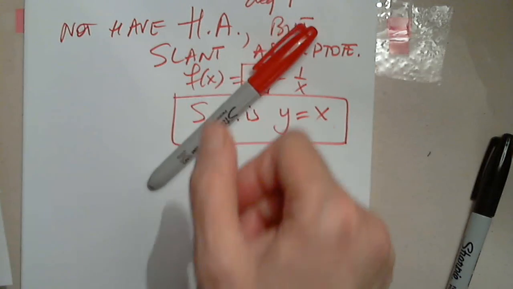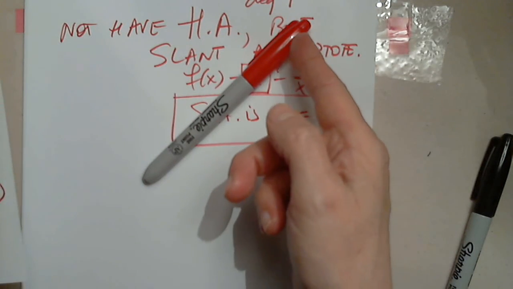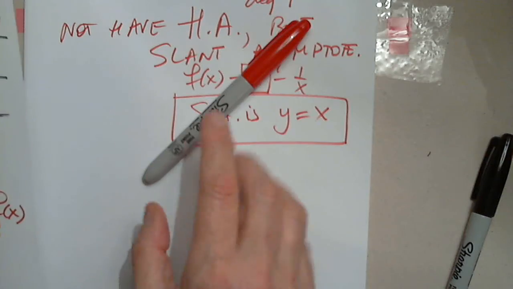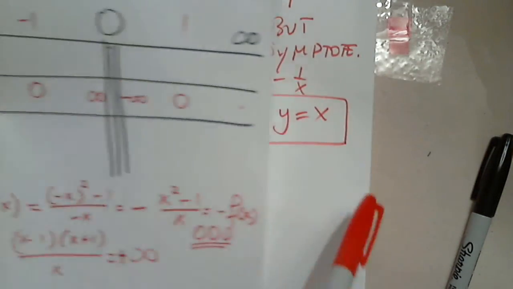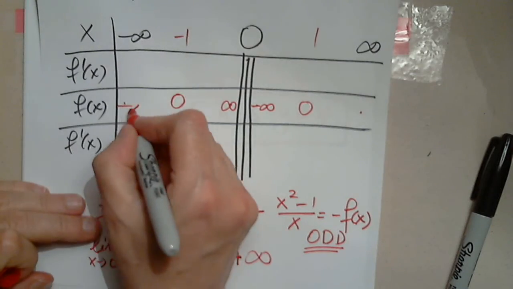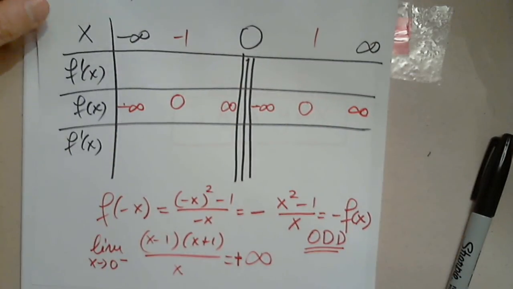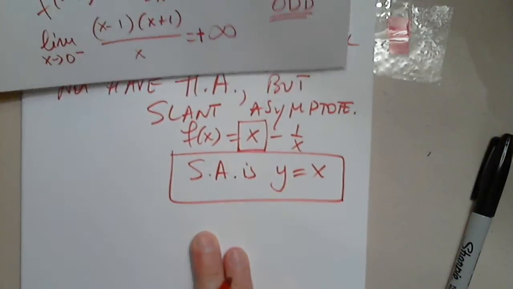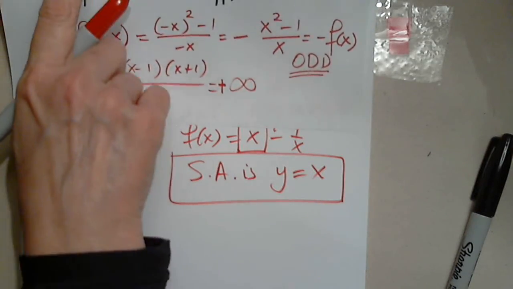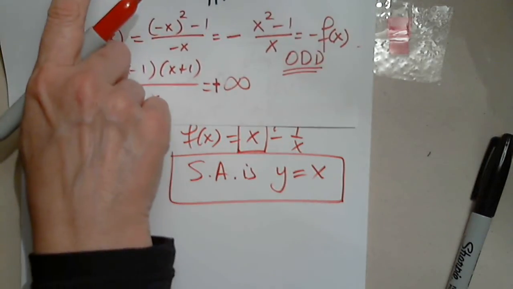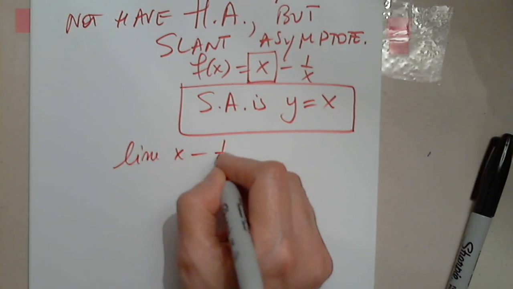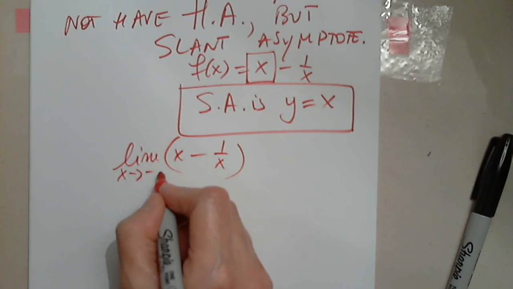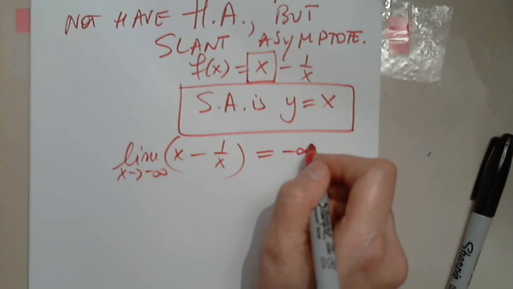This is a linear function with a positive slope. The function itself has to follow that to infinities, to negative and positive. Very easy to determine that. The limit as x approaches negative infinity of x minus 1 over x is negative infinity.